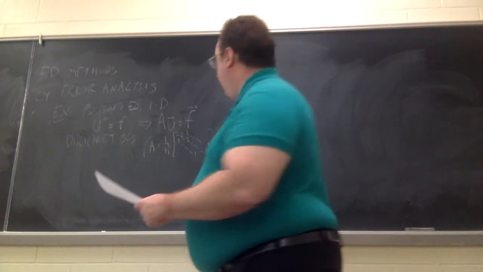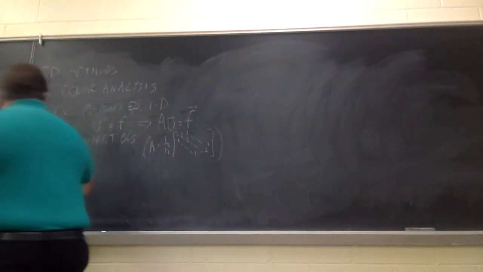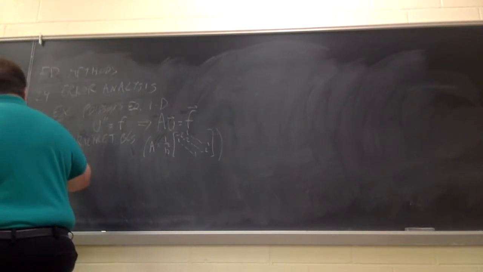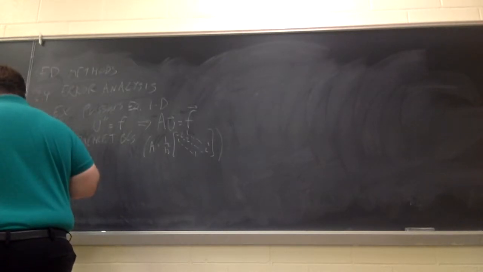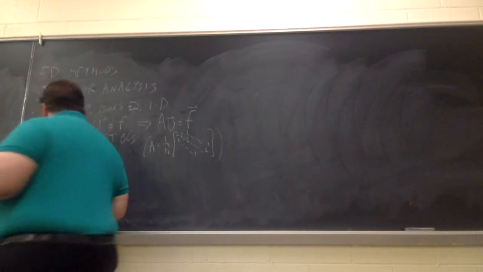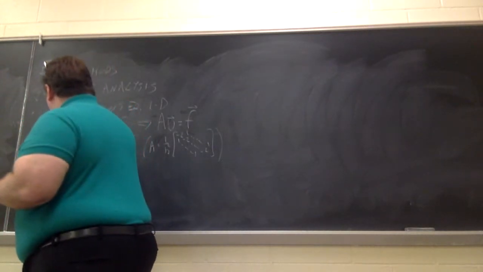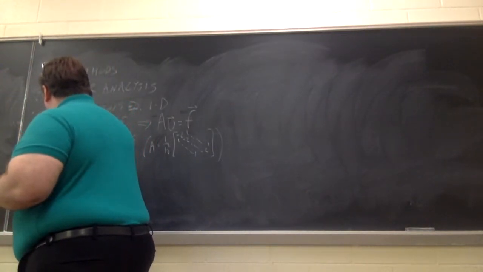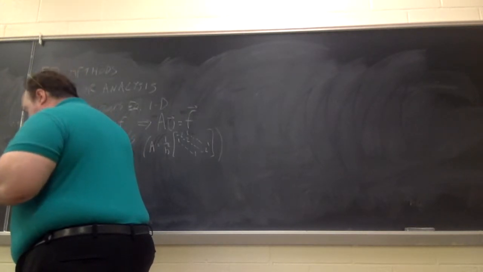Now, notation. I'll define U hat. The vector U hat consists of the values of the exact solution at whatever grid points we have.